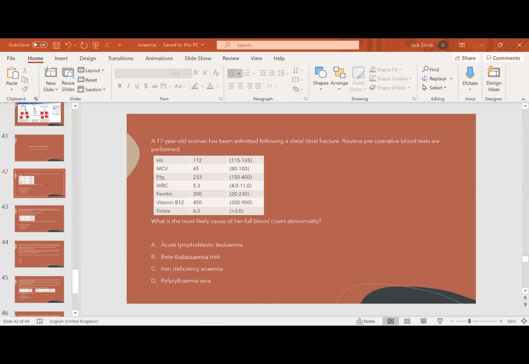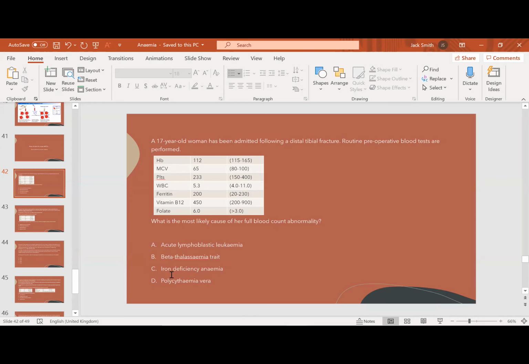Okay, so beta thalassemia, and I'm going to tell you why. First of all, let's have a look at all of the answers we've got here: acute lymphoblastic leukemia, beta thalassemia trait, iron deficiency anemia, polycythemia vera.